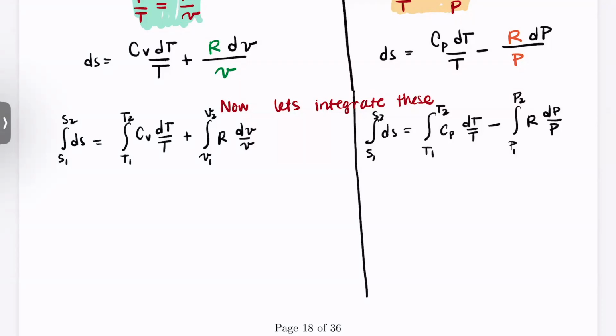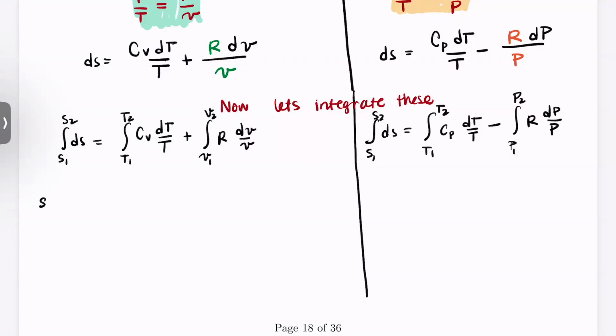It's a constant. We can just pull it out of the integral, right? No problems. Cp and Cv, though, are going to cause us issues because remember, those depend on temperature. So we can't just take those out of the integrals, right? So I'm going to leave them as integrals for the moment, and I'm going to deal with those other two integrals that are a little simpler for us first.